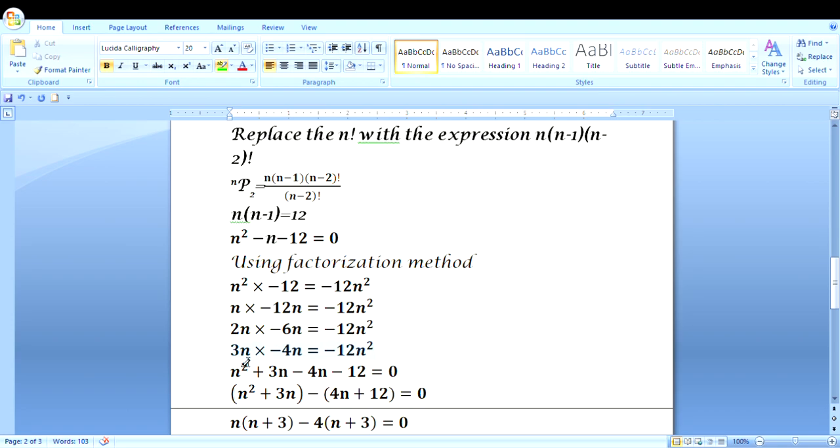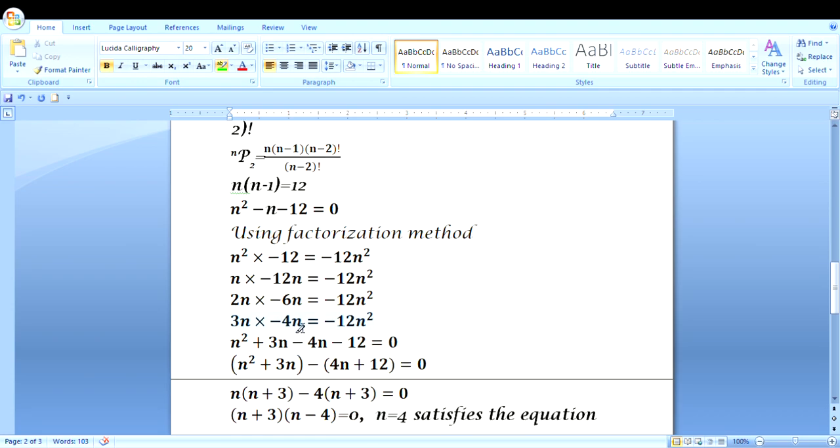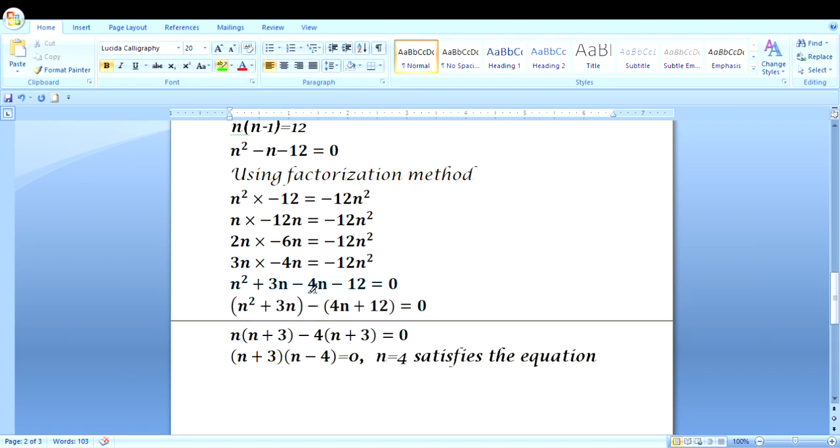The pair that conveniently replaces the middle term minus n is 3n minus 4n, that gives minus n, and 3n times minus 4n gives minus 12n squared. So we factorize this, and it becomes n squared plus 3n minus (4n plus 12) equals 0.